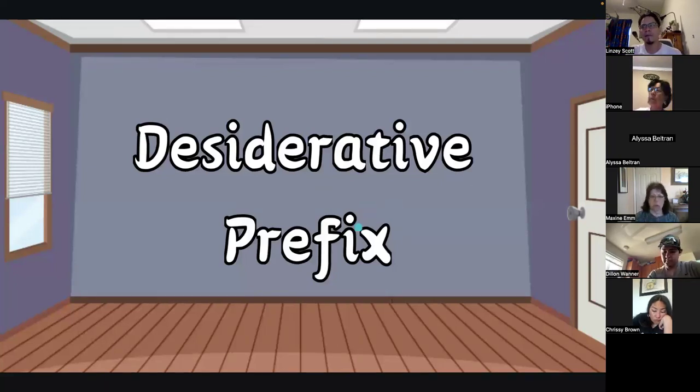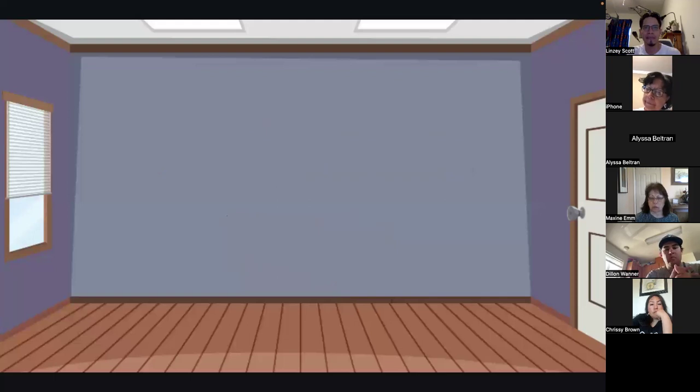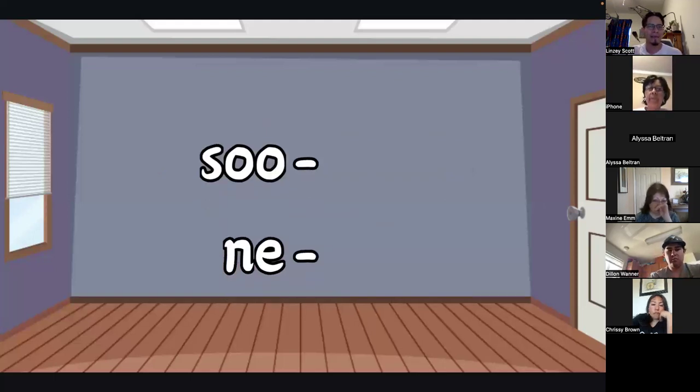Also, throughout this class, we're going to add another people term, and also some animals. So there are two desiderative prefixes, prefixes that indicate desire, what you want. One is su, the other is ni.